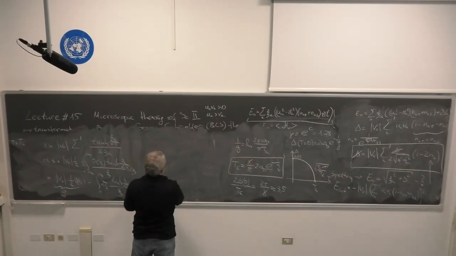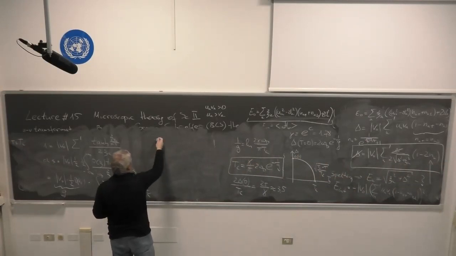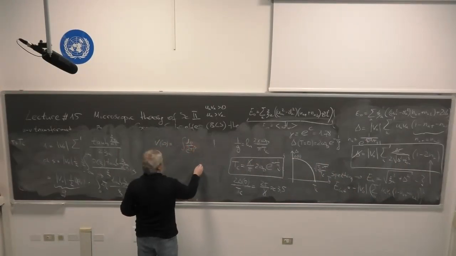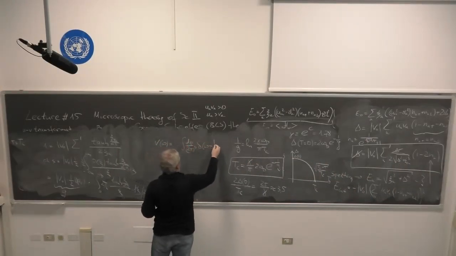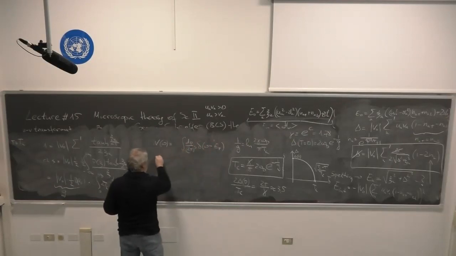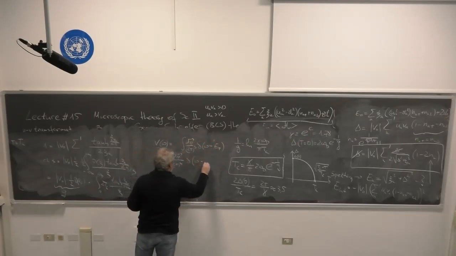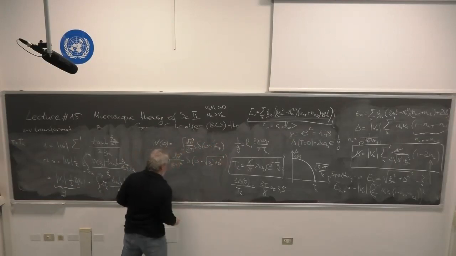So the density of states, nu of omega, is the integral over d^3p over 2 pi cubed of the delta function omega minus square root of xi p squared plus delta squared.